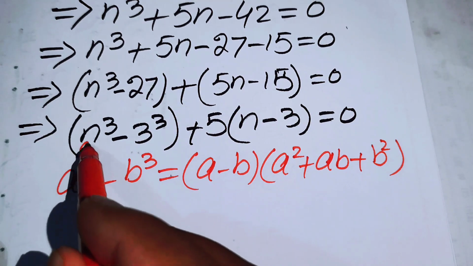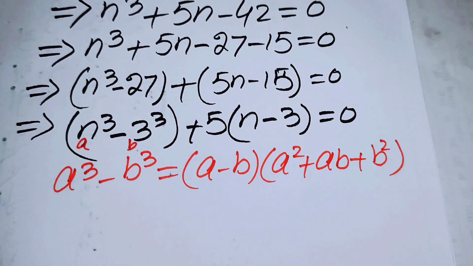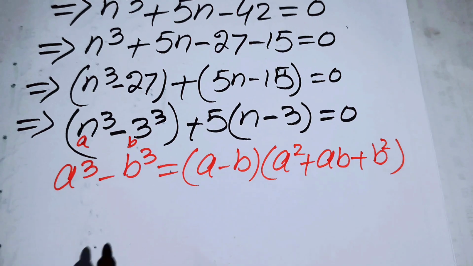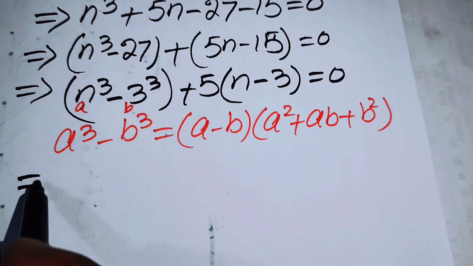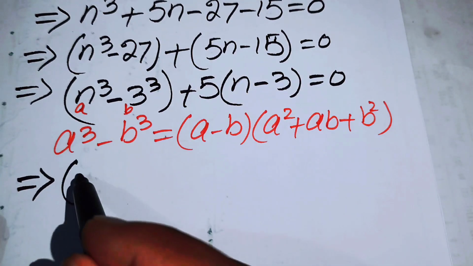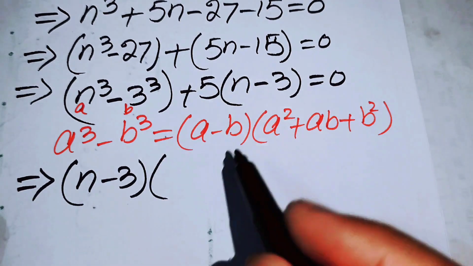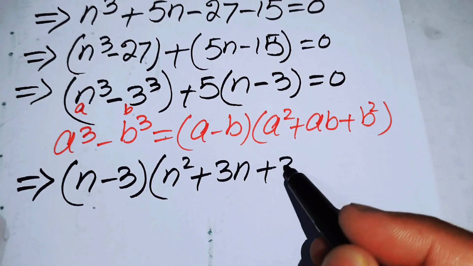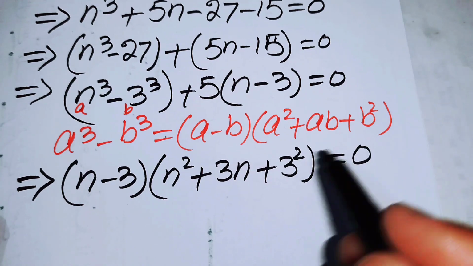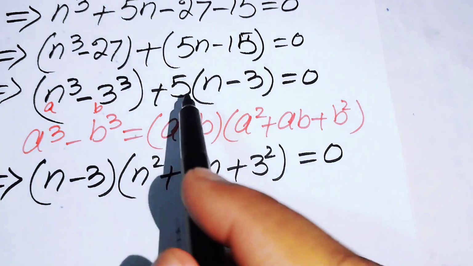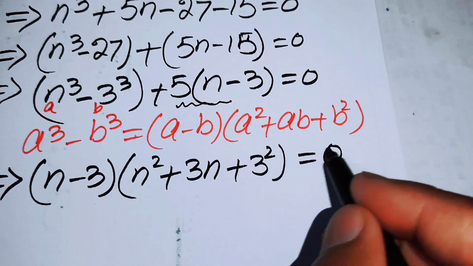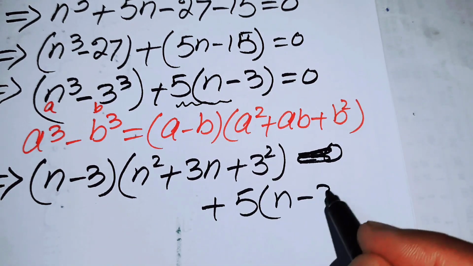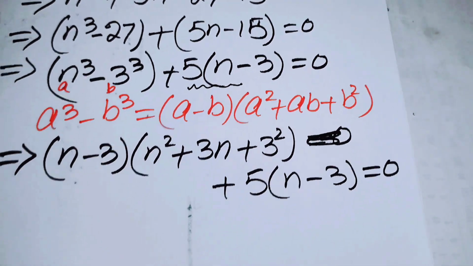Here the value of a is n and the value of b is 3, so we put these values of a and b in this formula, and you get n minus 3 times n square plus 3n plus 3 square is equal to 0, and here you have the remaining term, which is plus 5 times n minus 3 is equal to 0.